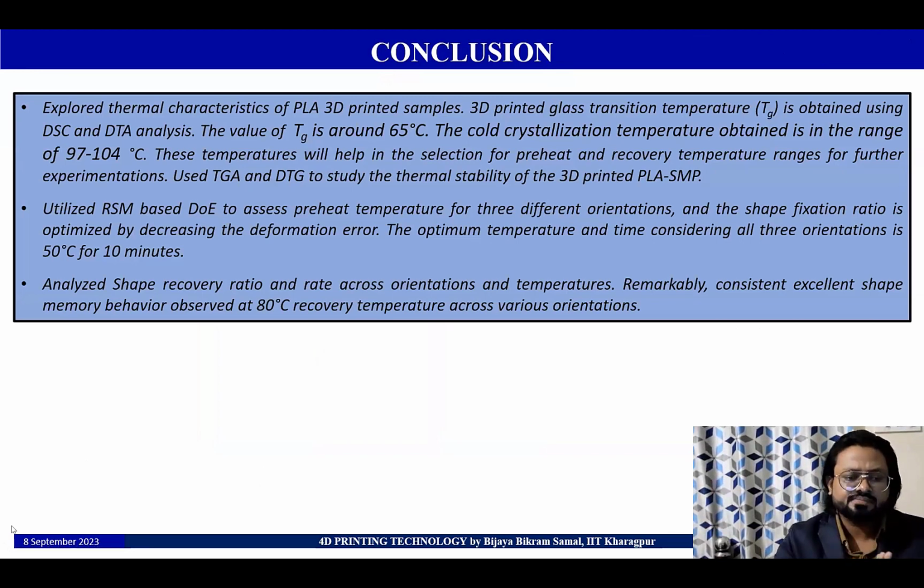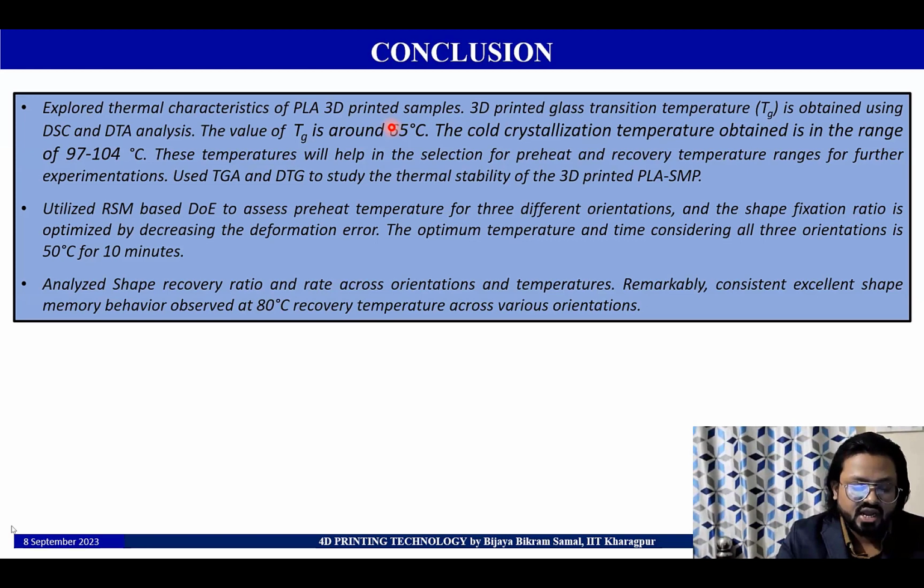Now coming to the conclusion. Here we have explored the thermal characterization of PLA 3D printed samples, 4D printed samples, and we have found the glass transition temperature, the crystallization temperature, as well as the melting temperature. We have also studied the thermal stability of the PLA shape memory polymer using TG and DTG, and based on these values we have considered these ranges.